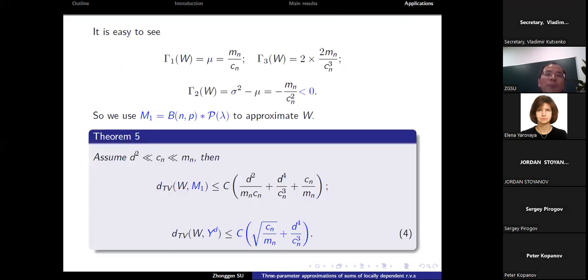And doing some simple computation, we have the first factorial cumulants for this W. But at this point, sigma square minus mu is negative. So we would use M1 to approximate W. The total variation distance between W and M1 is controlled by this quantity.